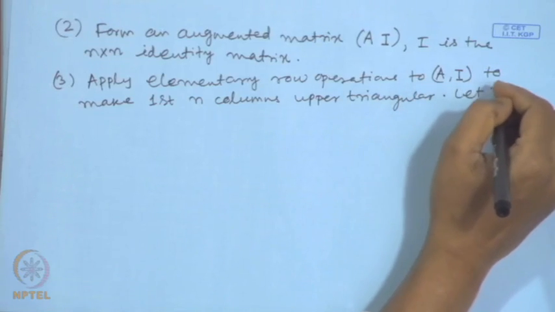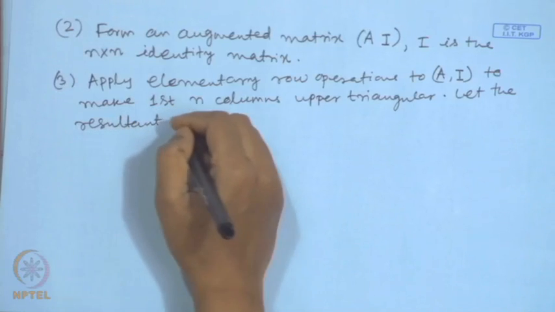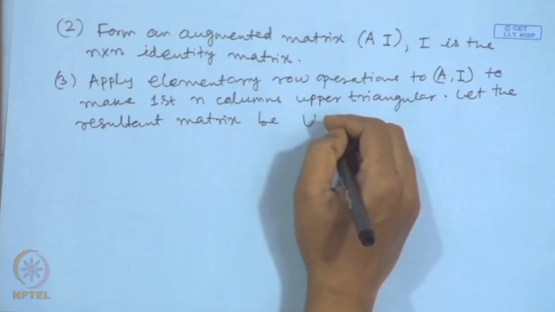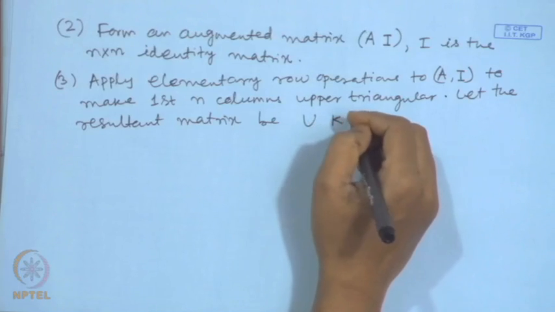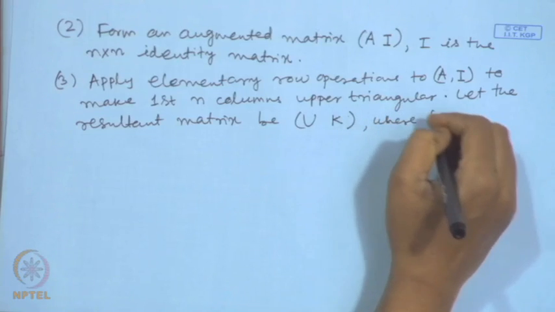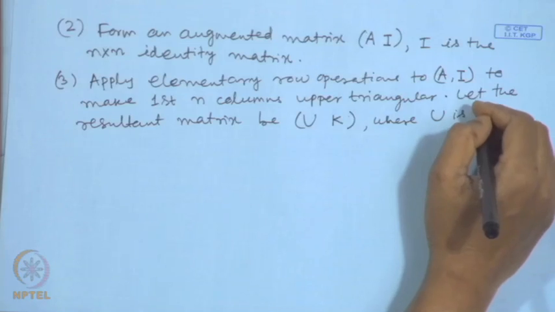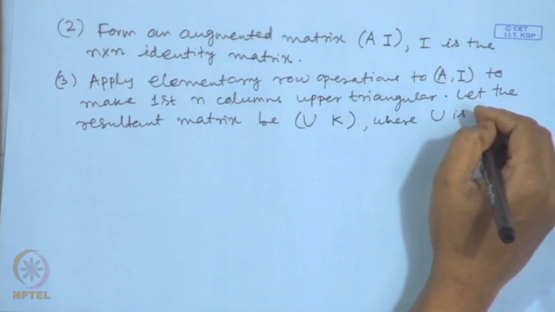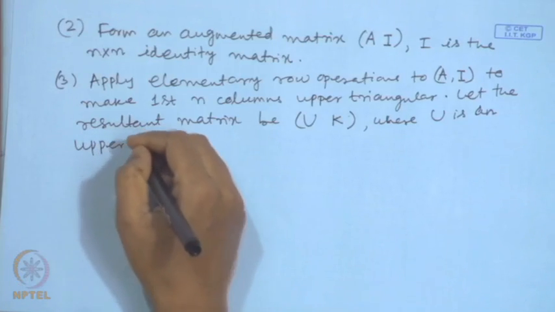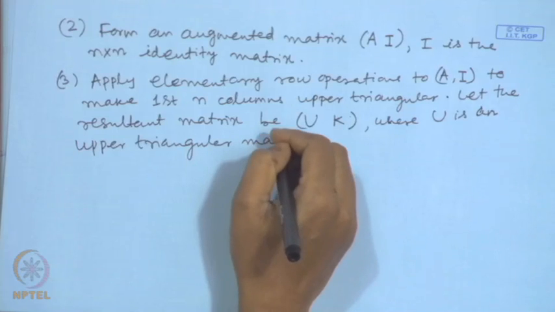Let the resultant matrix be [U | K], where U is an upper triangular matrix.